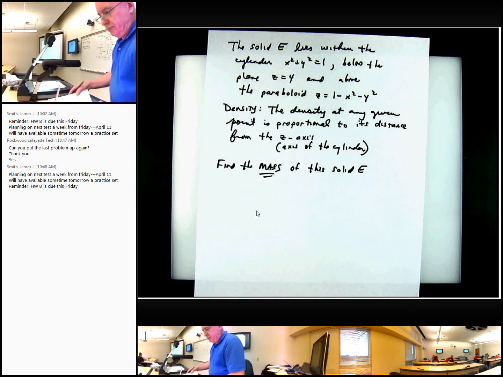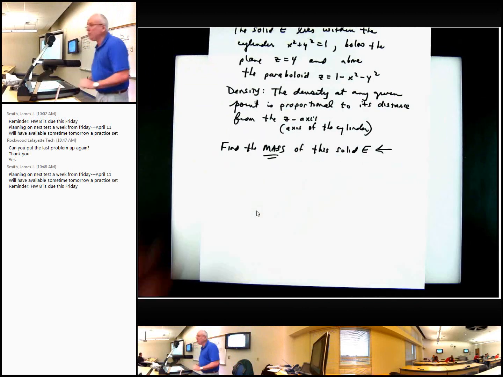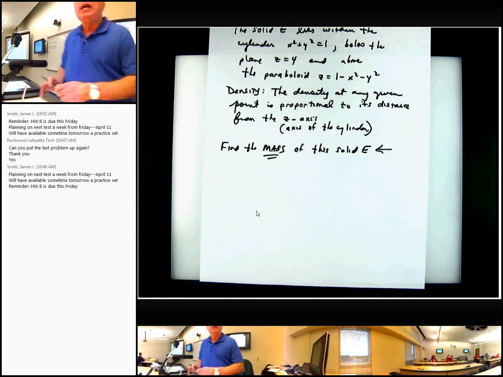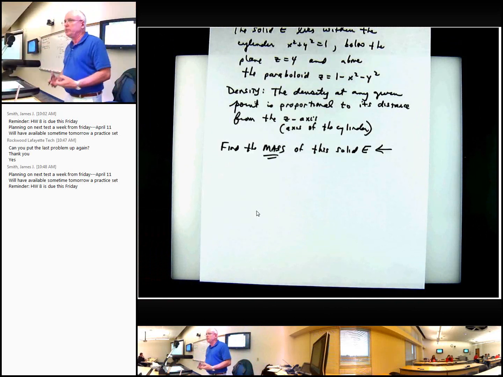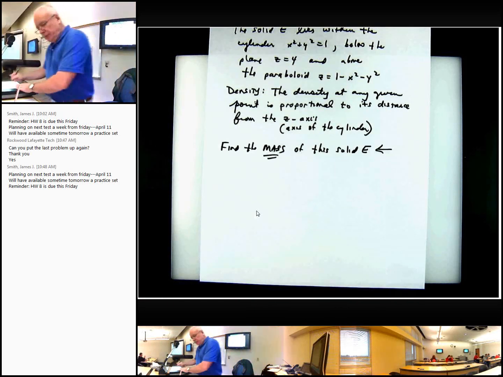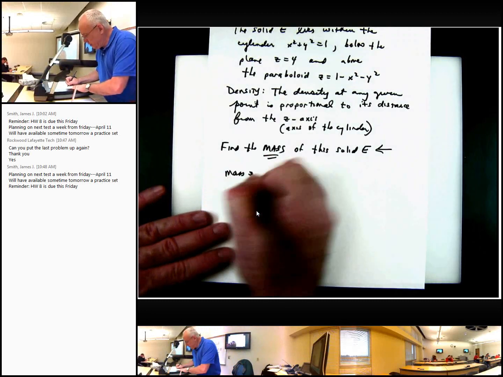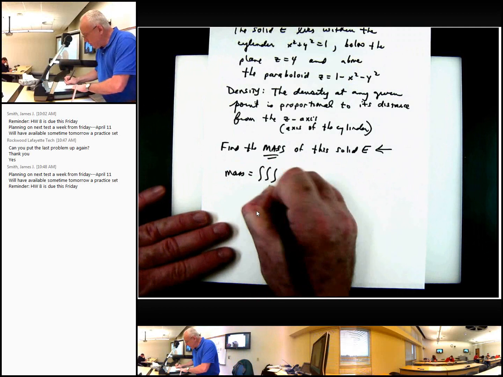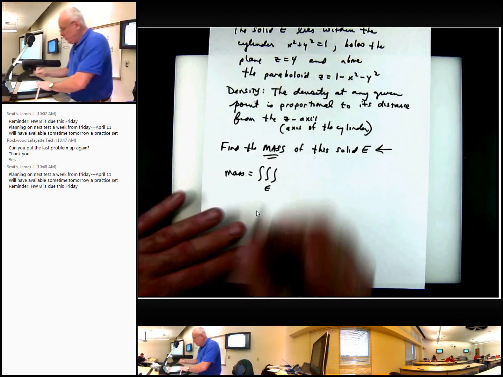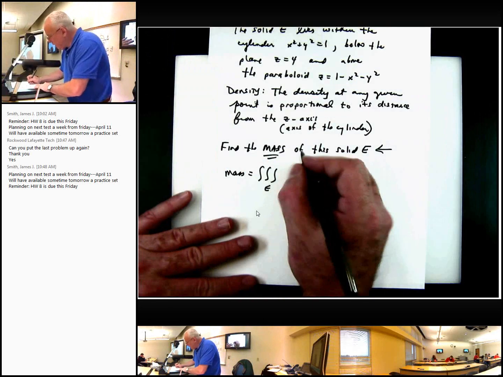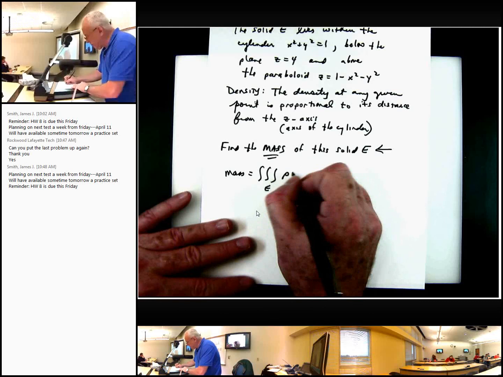All right. First of all, let's review what we're talking about here. We're not just asked to find the volume of this solid, we're asked to find how heavy it is, the mass. So this is the formula for the mass. Mass, in this case, is equal to a triple integral of a density formula.